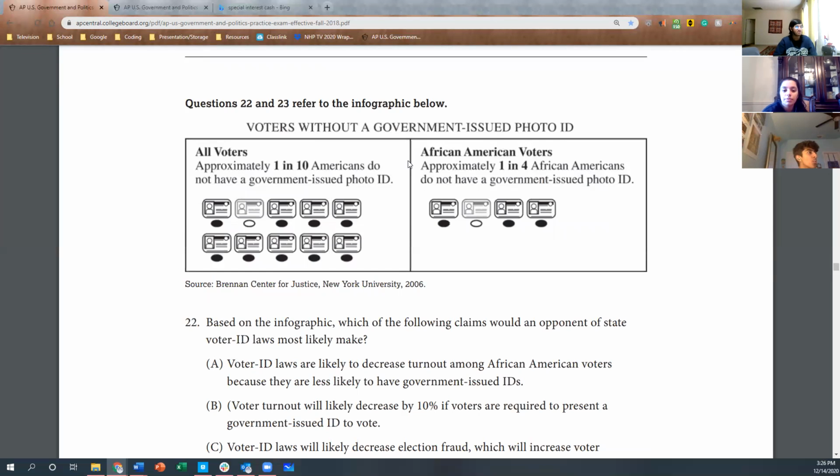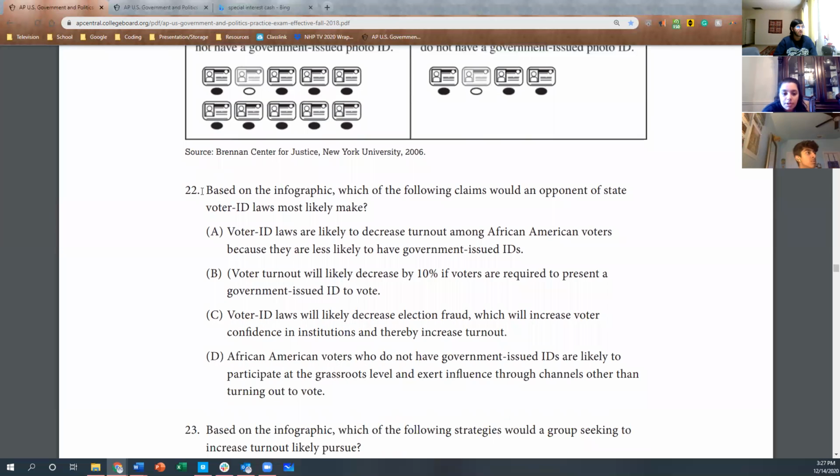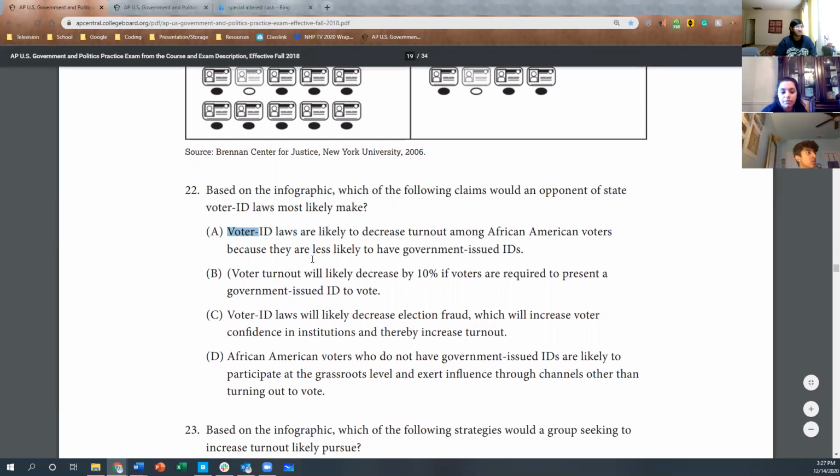Okay, so 25% of African American voters don't have a government-issued photo ID, whereas 10% of Americans in general don't. Based on the opponents of voter ID laws, they're likely to decrease turnout. That makes sense. I don't know why there's a random parenthesis there, but whatever.